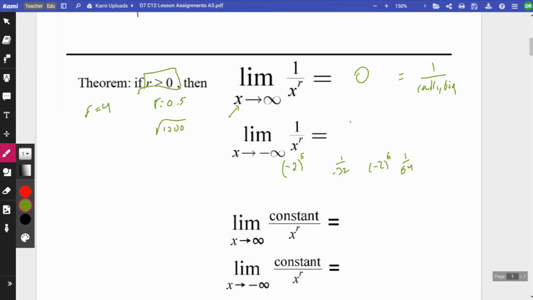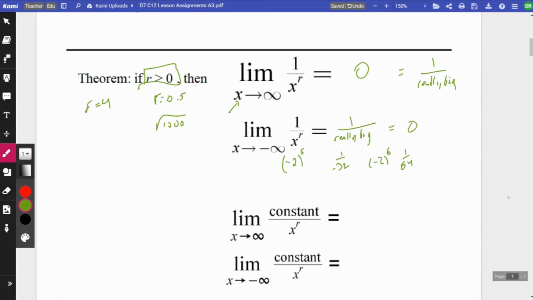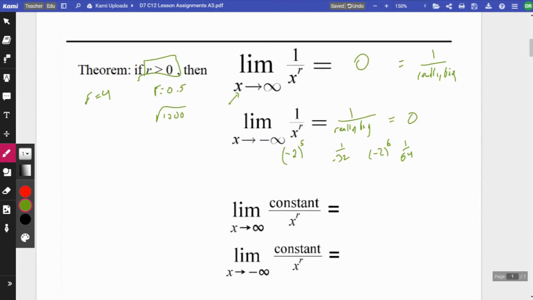It's still 1 divided by a really big negative number. So it's still going to be 1 divided by something really big. It's still going to be approaching 0. It's essentially going to be so minuscule that we would think of it as 0.